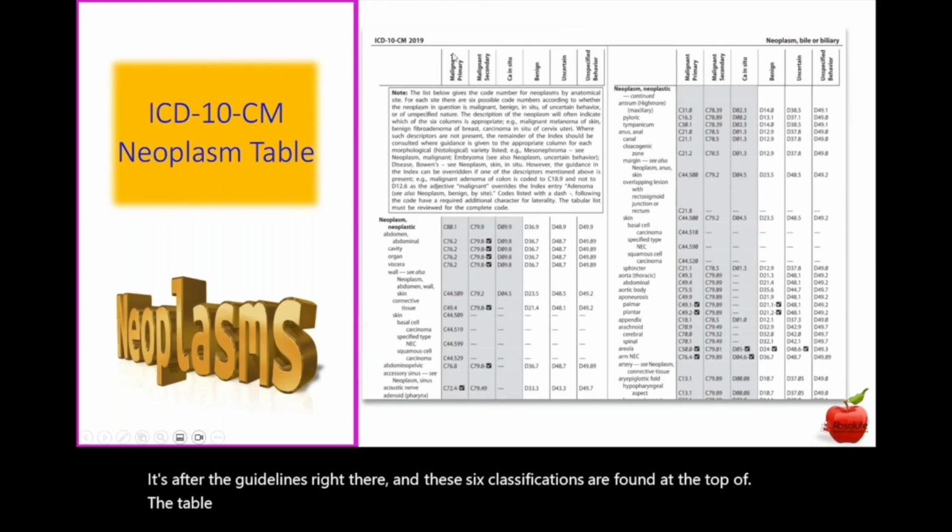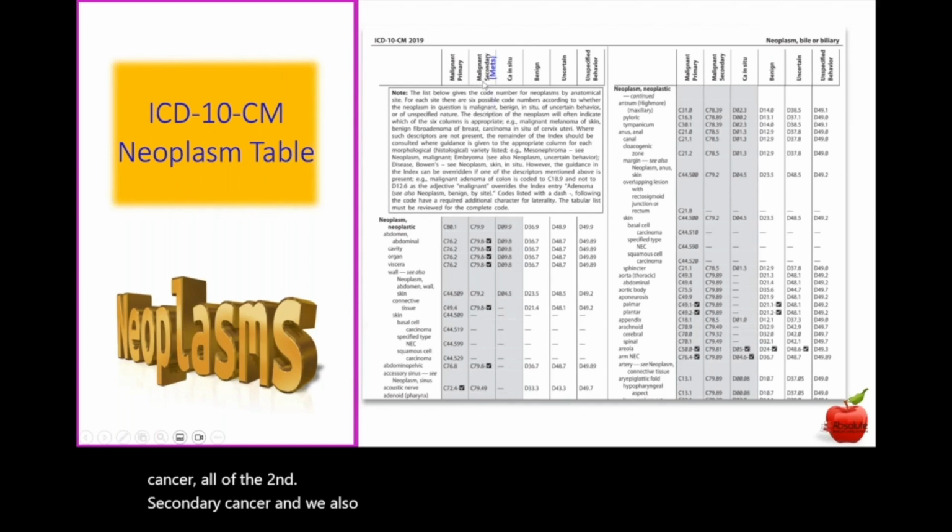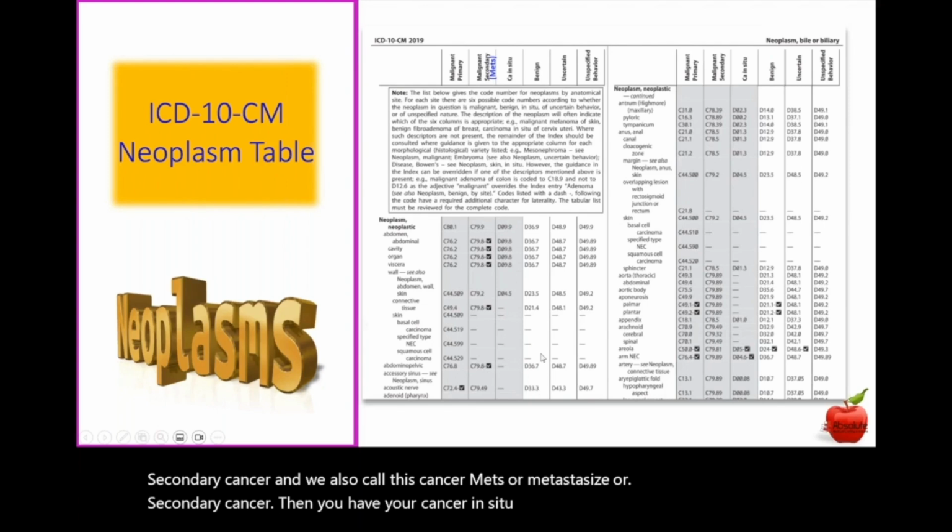All of the codes within the first column are cancer. All of the second, secondary cancer, and we also call this cancer mets or metastasized. Then you have your cancer in situ, benign, uncertain, and unspecified behavior.